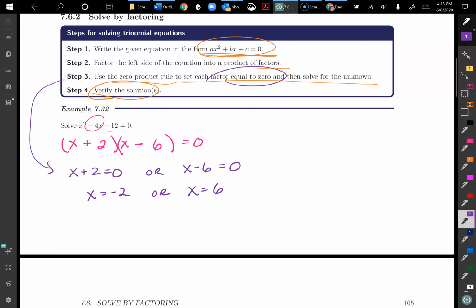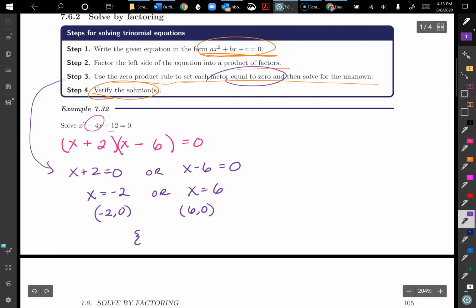And then as points, these would be written as negative 2, 0. That's the x-intercept of the parabola, the graph, a similar one to what we were looking at earlier. It's different though. And then we have 6, 0.